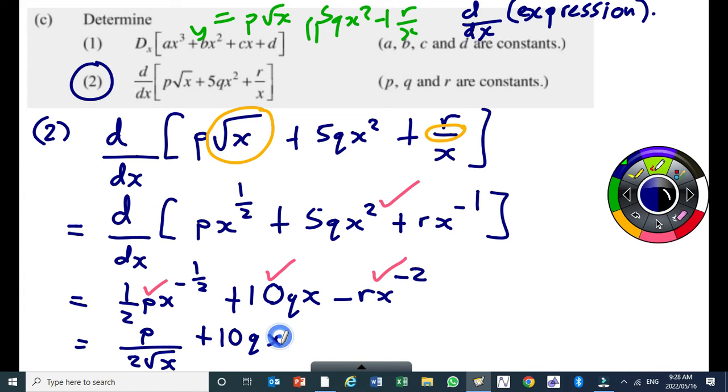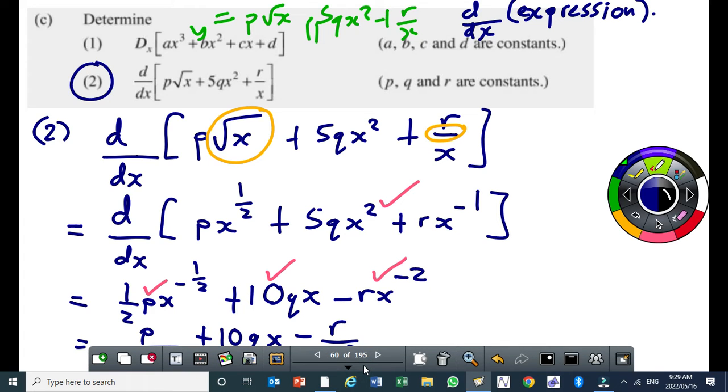So this will be 10qx. This becomes minus r over x squared. Okay? But be aware that there won't be that strictness of converting negative exponent to positive. If you stop where I put the ticks there, you deserve full marks because you would have used the rules. Generally, the mark is not given for knowledge of exponents, but it's given for knowing how to use the rules of differentiation. Okay? Yes. If you look at your textbook, the latest edition of Mind Action series, it doesn't convert negative exponents to positives. Right?